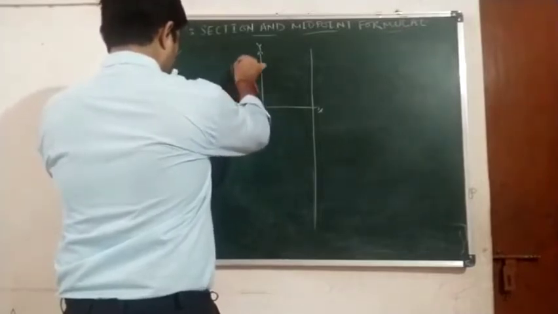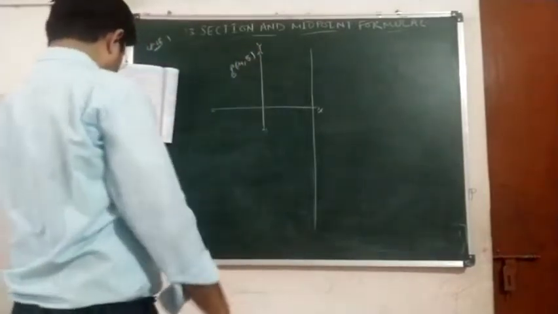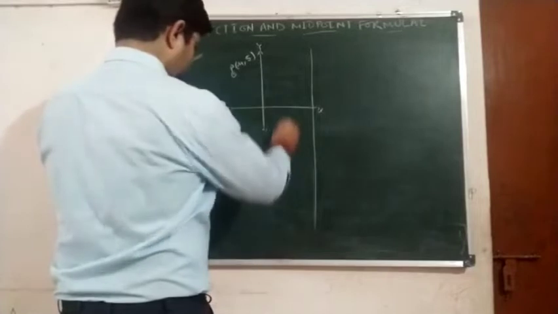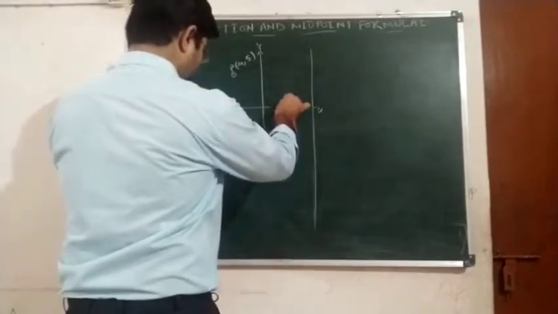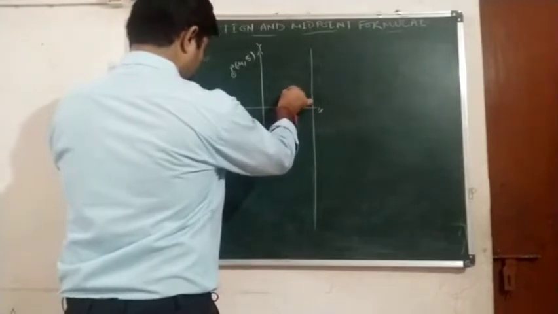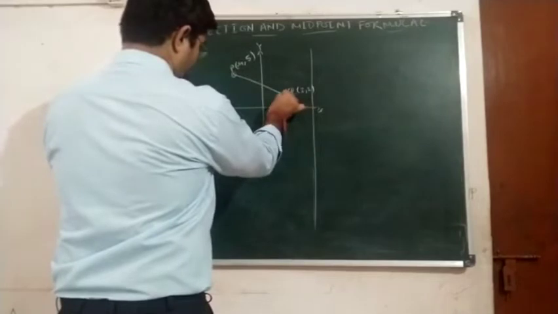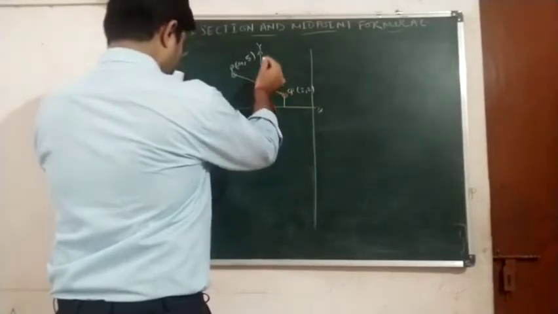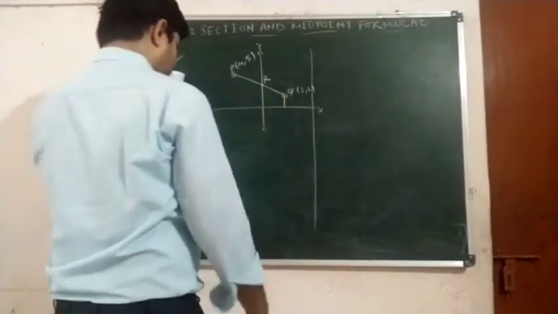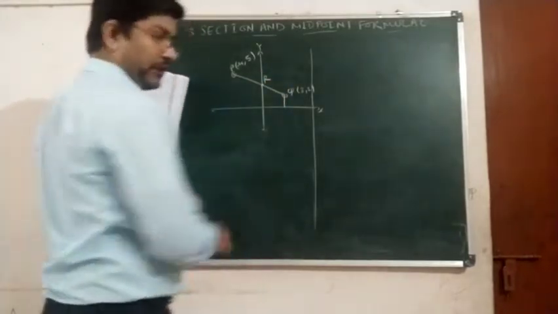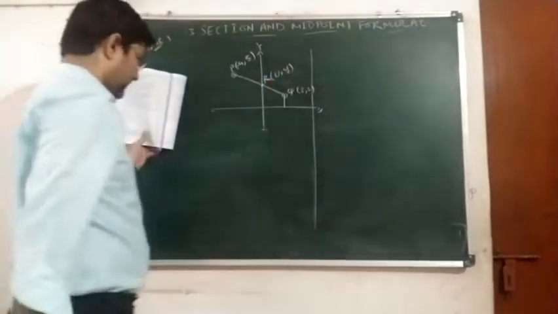Say this is point P having coordinates -4, 5 and Q has coordinates 3, 2. Yes or no? Now the join of PQ divides the y-axis in some point R. Obviously the coordinates of R will be of the form 0, y.